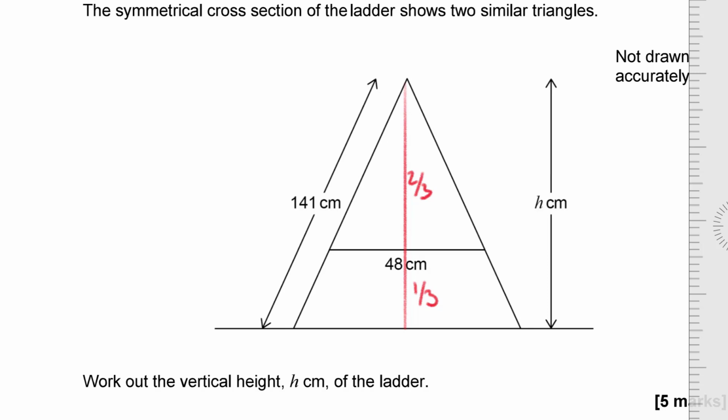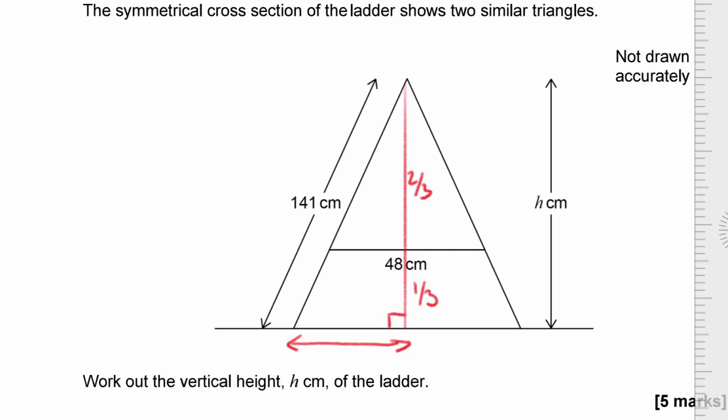Okay, so we want to basically work out what the length of that line is. Now, I suppose we could add a right angle there if we're dropping it straight down from the top. So then the distance from there to there is half the baseline.